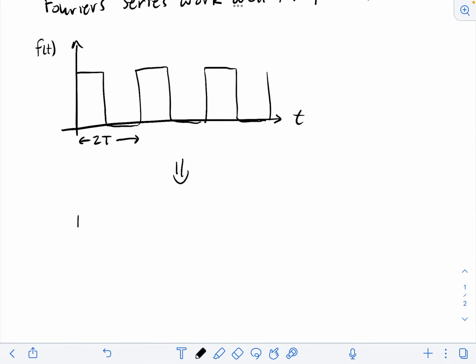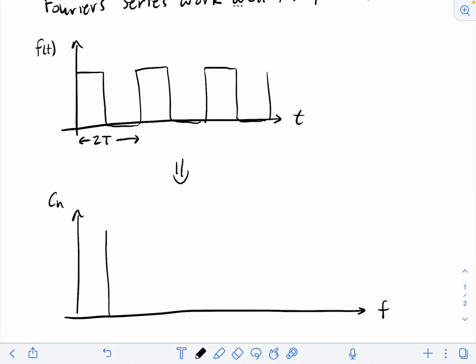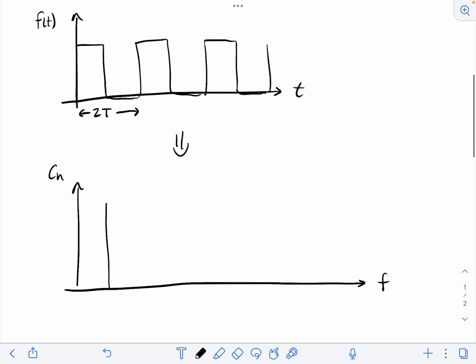And so we would have our coefficient Cn, and for this example of a square wave, there would be a spike at a frequency of 1 over 2t. So this would be the fundamental frequency. And then we would have all of the odd multiples of that. So we could go to 3 times 2 over t, and 5 times 2 over t, and 7 times 2 over t.